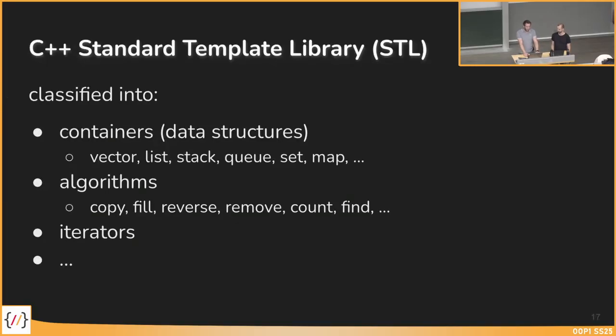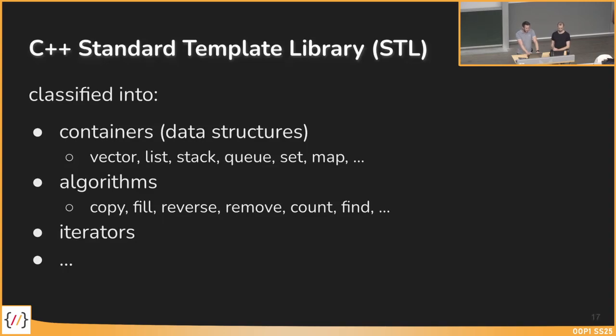And this library is classified in at least those 3 components that are mentioned here, which are the containers, where, for example, the vector is in, and also a map you have already used in the practicals, or in the KU at least.